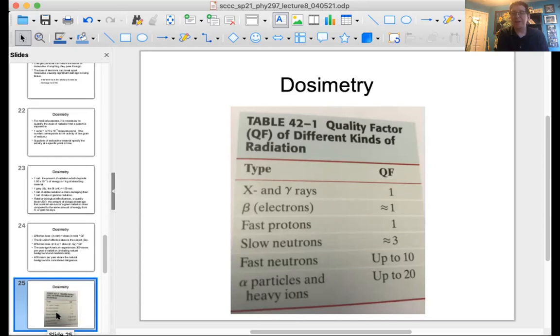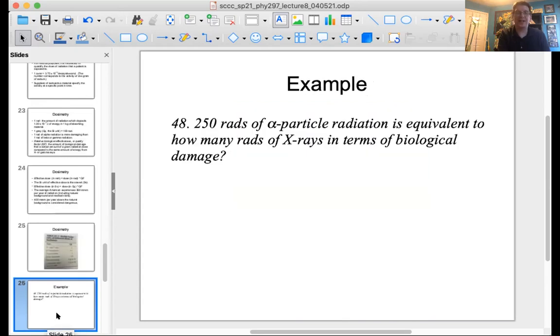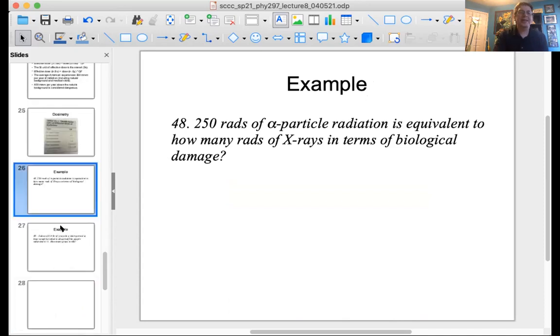And for alpha particles and heavy ions, it can be as high as 20. So alpha particles are particularly dangerous relative to the same energy coming from X-rays or gamma rays. It can cause 20 times the amount of damage effectively. Okay, so let's move on to some examples.